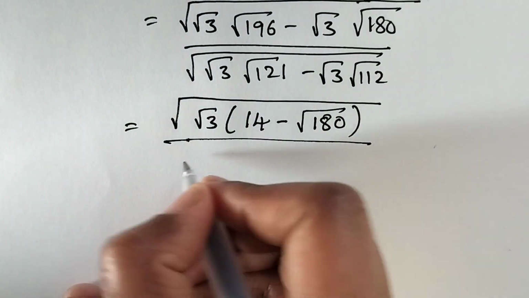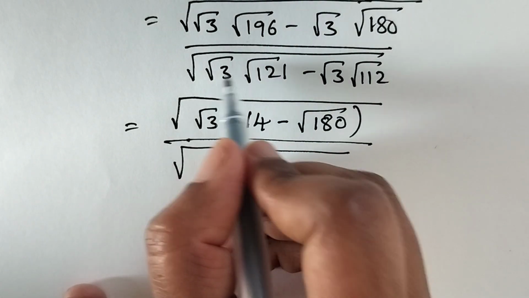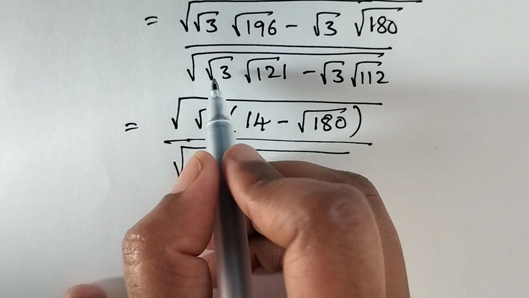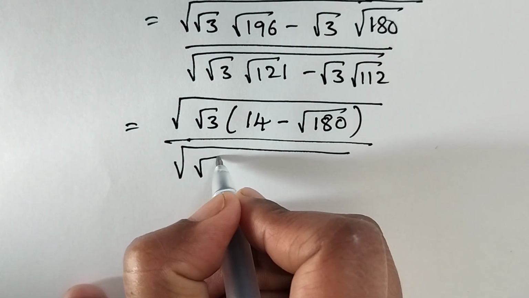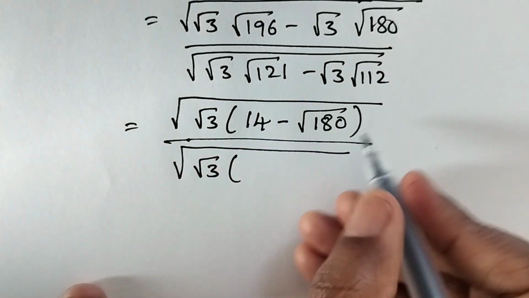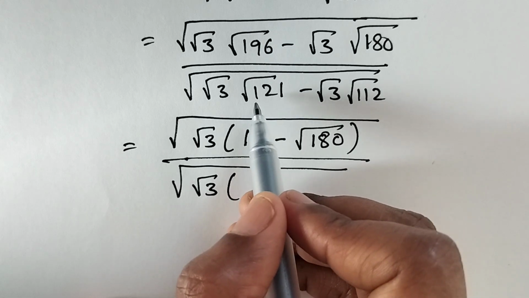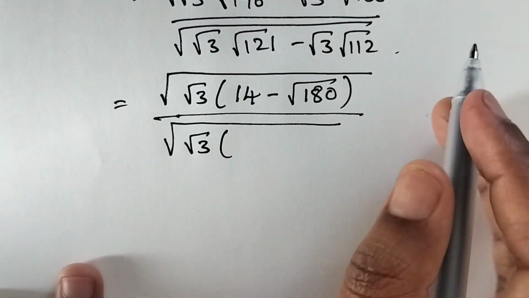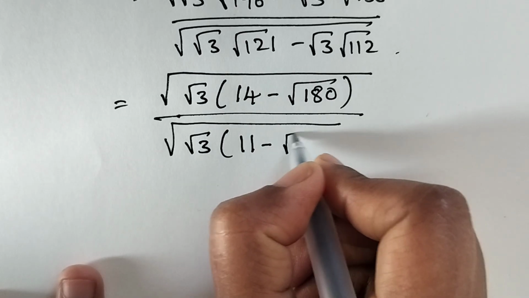Divided by, in the denominator, we also have the square root of 3 in common, so we take out the square root of 3 as common. Here we have the square root of 121, which is equal to 11, so 11 minus the square root of 112.